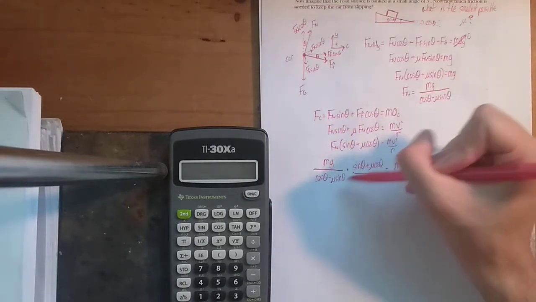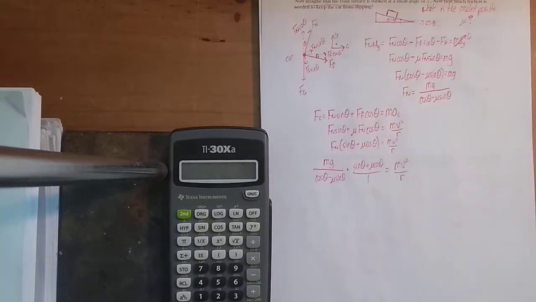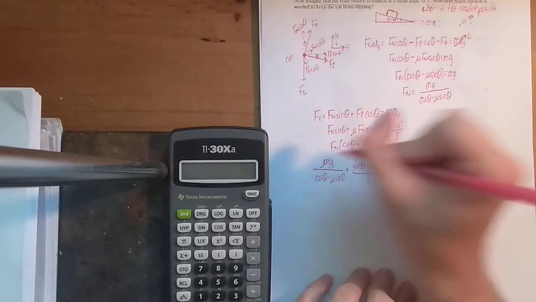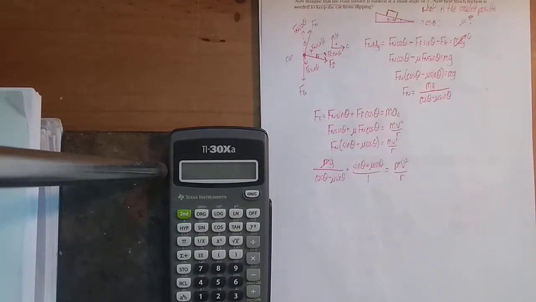Now, the sines and the cosines, unfortunately, can't be canceled out, but something can be canceled out. We have an m on this side and an m on this side. We divide both sides by m, and they go away. So what I am left with at this point is the following.